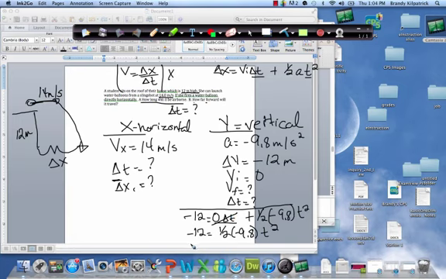Okay, so I have negative 12. That's equal to 1/2 times negative 9.8 times t squared. Multiply these out first. So 1/2 times negative 9.8 gives me negative 4.9 t squared. Alright, so now I'm going to come over here and finish solving. Negative 12 is equal to negative 4.9 t squared. Well, I'm going to divide both sides by negative 4.9.